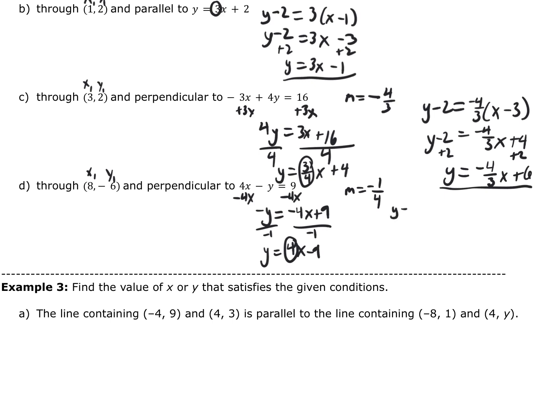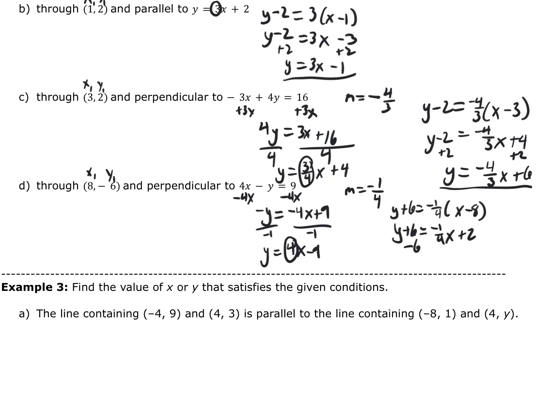So y minus negative 6, so y plus 6. When you subtract a negative, it's like adding a positive. So y plus 6 equals, and then my slope is negative 1/4, x minus 8. So y plus 6 equals negative 1/4 x, and negative 1/4 of negative 8 is positive 2.